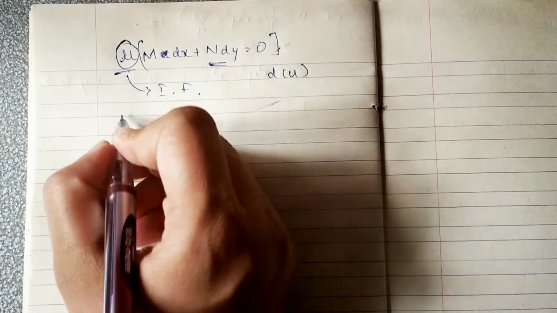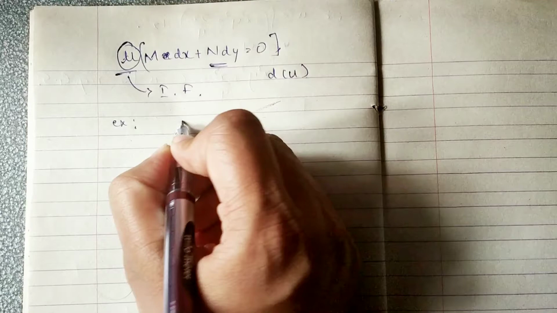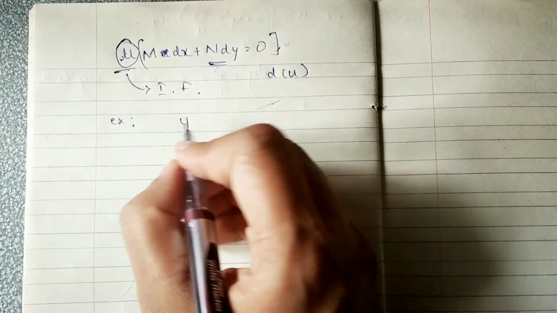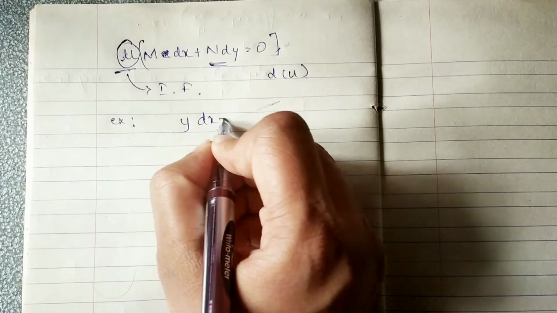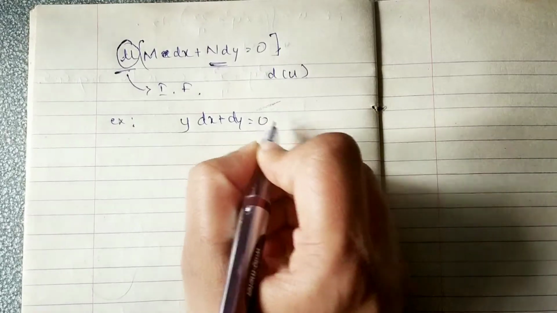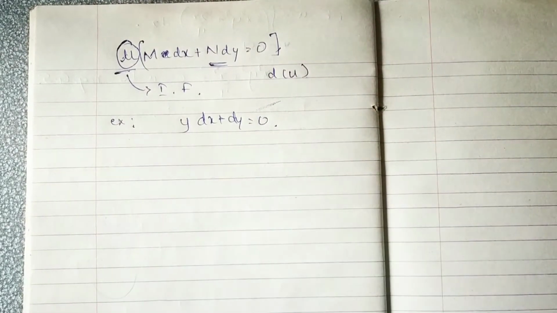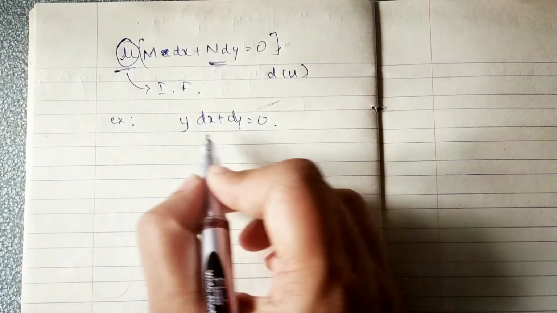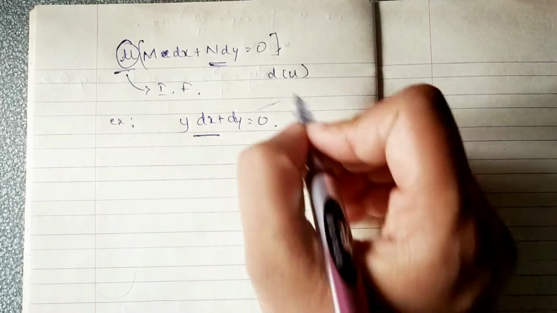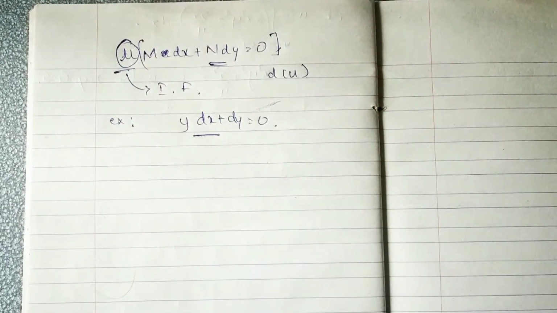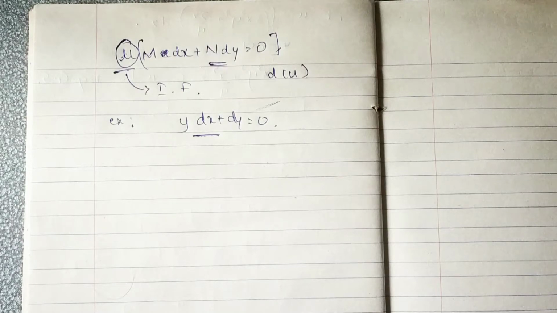For example, if you have a differential equation y dx plus dy equal to 0, clearly you can see this is not an exact differential equation, because this equation cannot be put in the form of the derivative of some other function u, where u is a function of x and y.